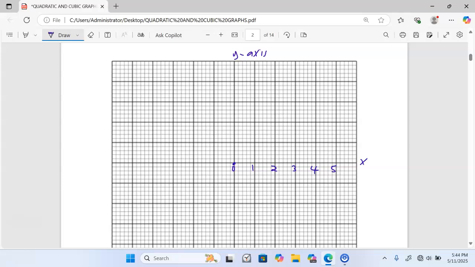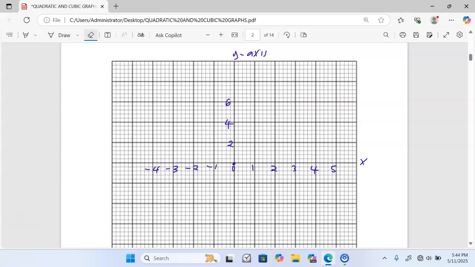On the left of the x-axis we are going to have -1, -2, -3, -4. Then on the y-axis we are going to have 2, 4, 6, 8.